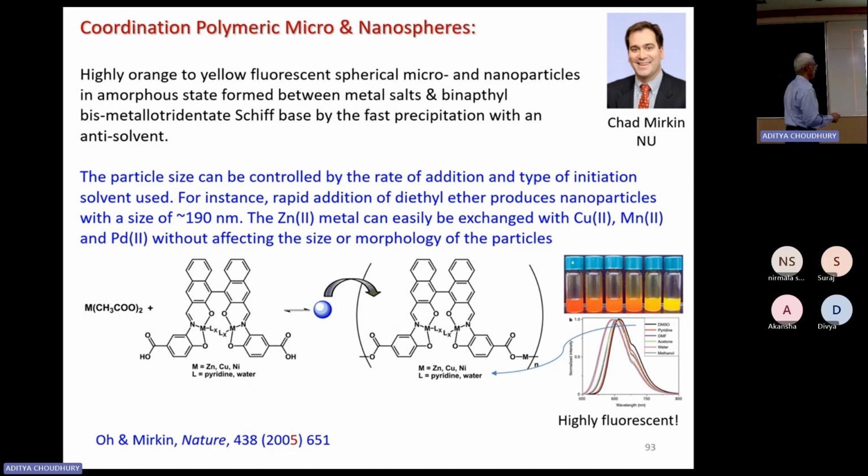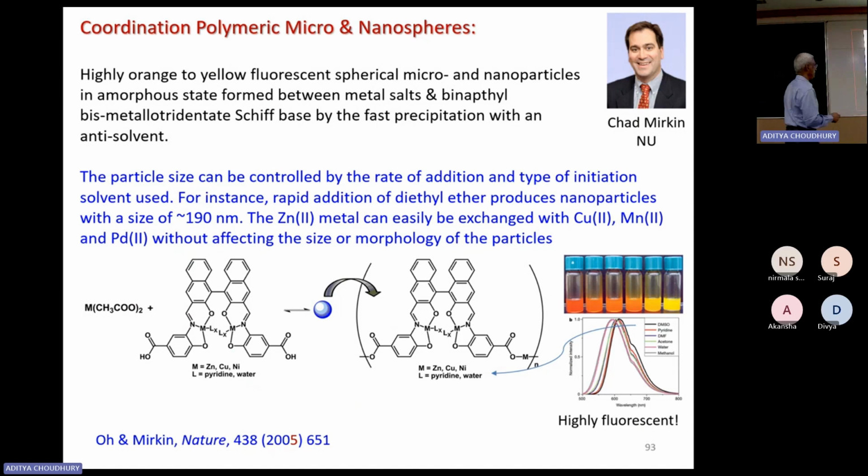How do you prepare it? Again, this is binaphthyl. When you use binaphthyl, of course, you can use it for various purposes. It also shows interesting photoluminescence. So he derivatized it with a Schiff base, and then put in carboxylic acid, and then put in various metals, zinc, nickel, copper, and everything, with pyridine or water.